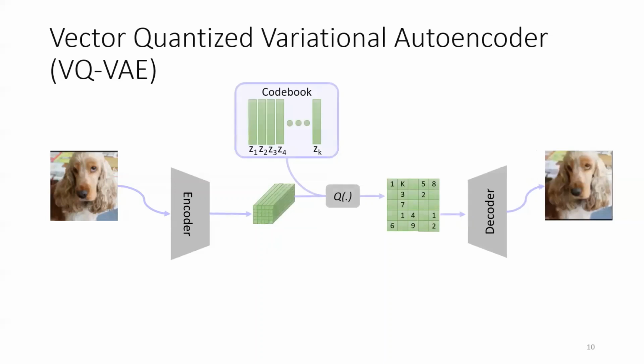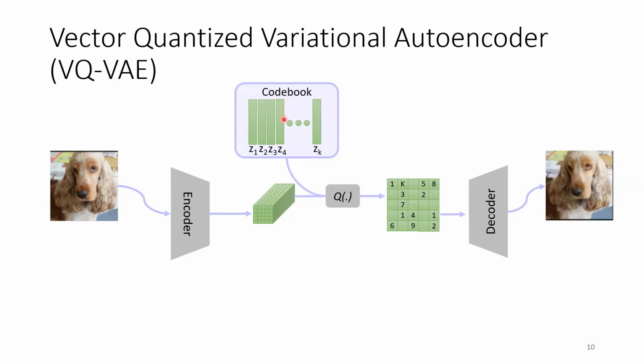So let's see what the VQ variational autoencoder does. VQ-VAE encodes image from pixel level to discrete token level. This model consists of an encoder, a decoder, and a codebook containing a finite number of embedding vectors.